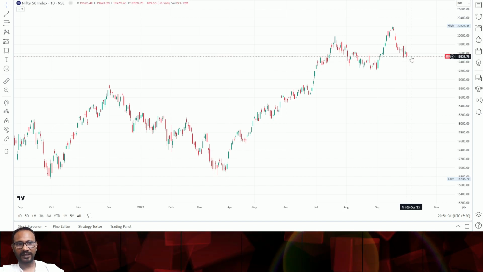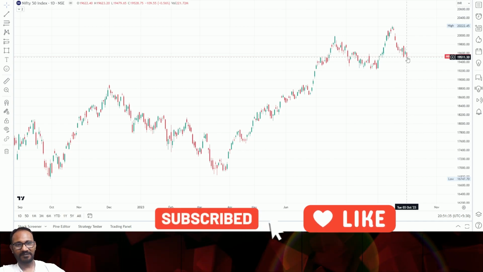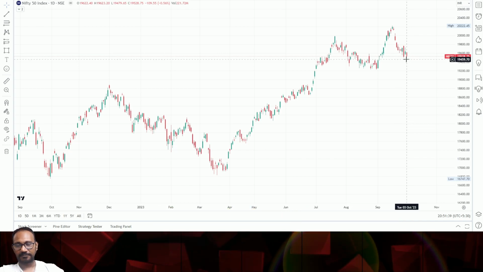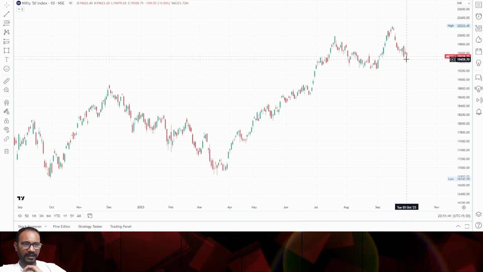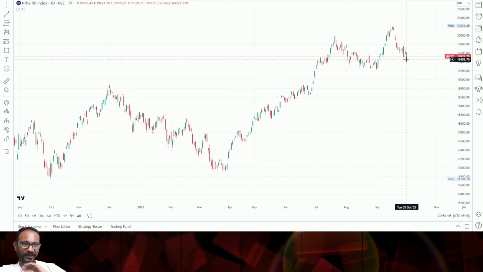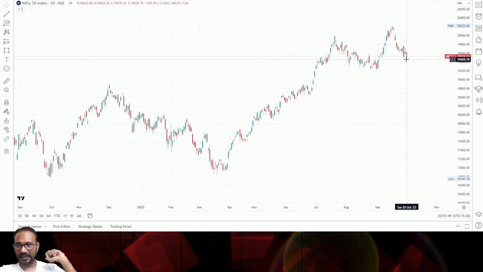So at this point, it can go either way. It can be a bullish move or it can be a bearish move, but right now it is indecisive. So we are able to make some better judgments, cautions, and precautionary measures we can take by looking at longer time frame.